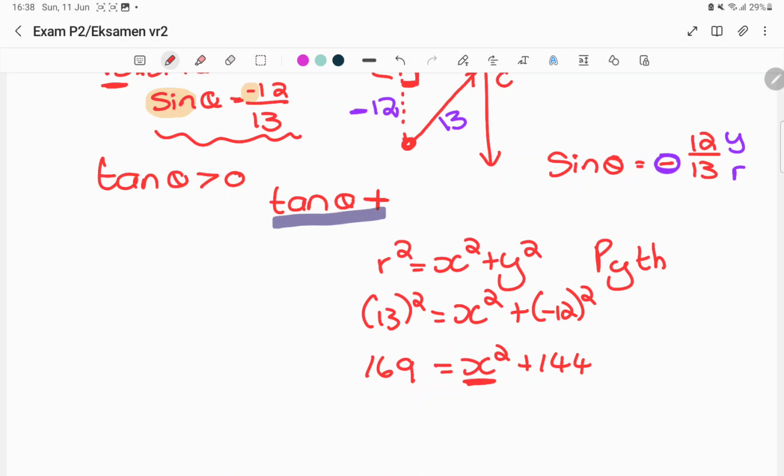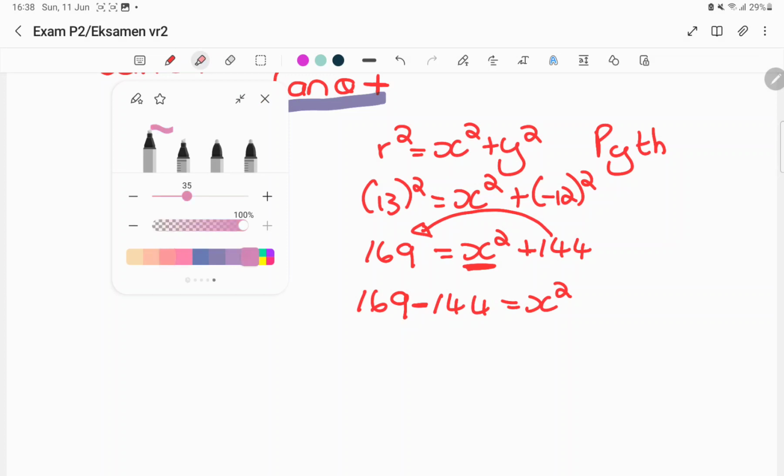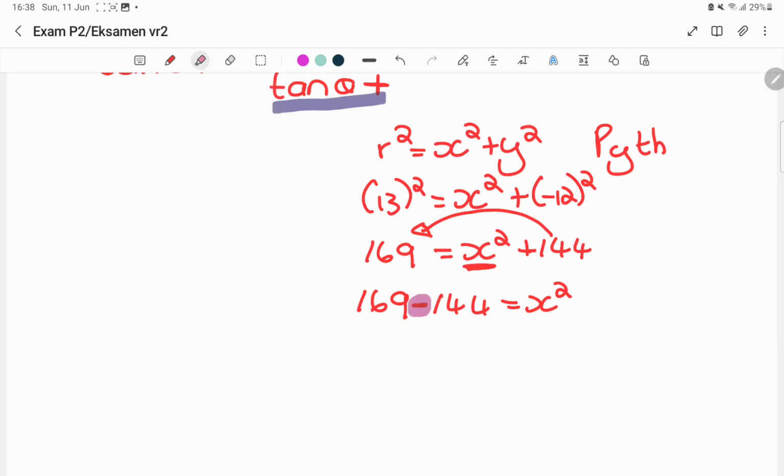Now I want to get my x squared alone. That means this 144 has to go over. And if it's plusing on this side, what is it going to do if it goes over? It's going to subtract. It's going to minus. This is very important. You guys usually forget that now I have to minus. And then 169 minus 144 will give me 25.